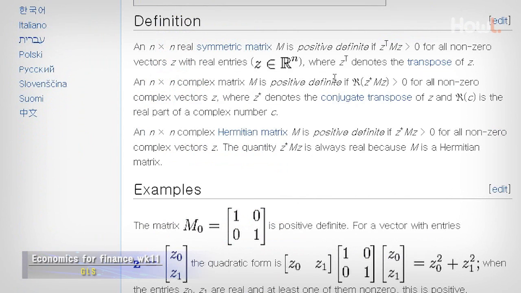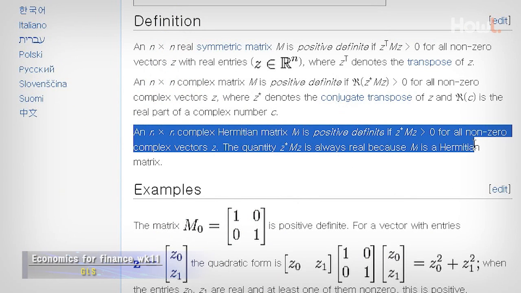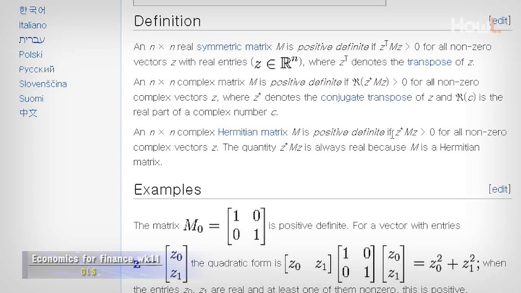The definition of a positive semi-definite matrix looks like this. This is exactly the identical definition I told you. For matrix G, G* is the conjugate transpose of G. Since in this case G is real, the conjugate is the same.